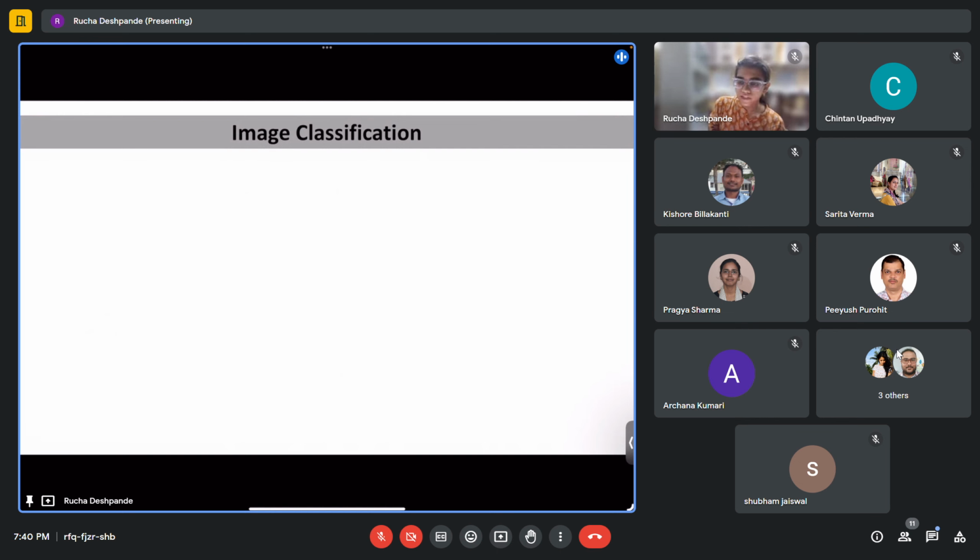Okay, so let's talk about image classification. As explained in the lecture, there are two ways to do image classification. First is learning techniques.